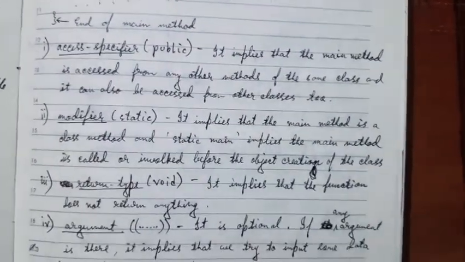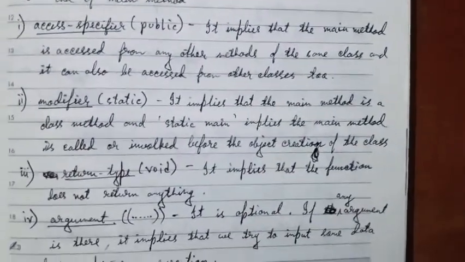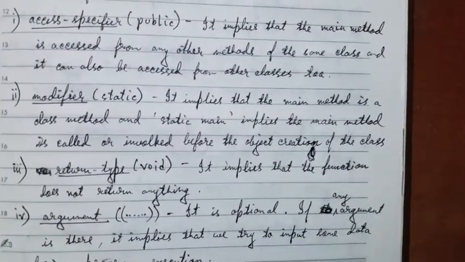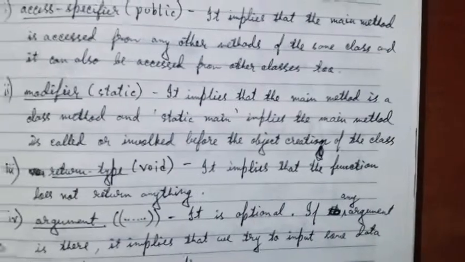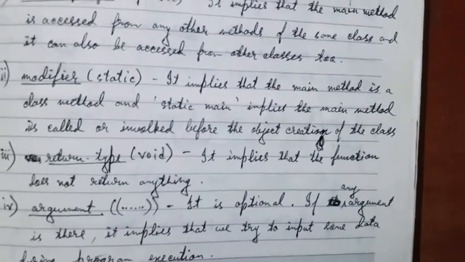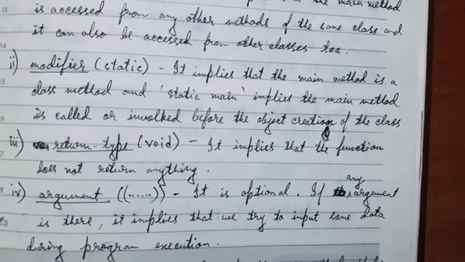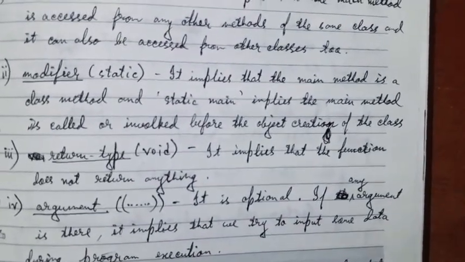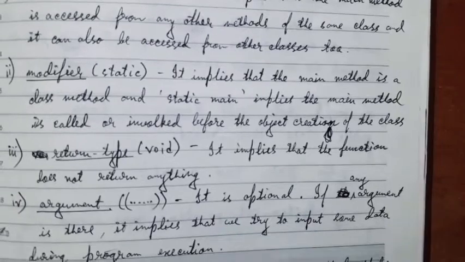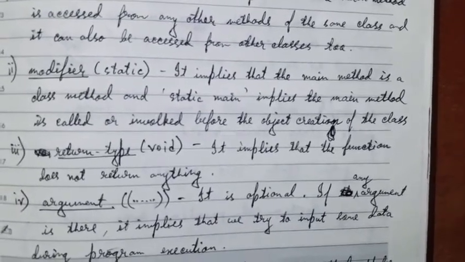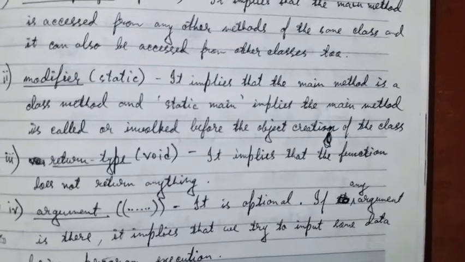Next is the modifier. What is a modifier? It implies that the main method is a class method, and static main implies the main method is called or invoked before the object creation of the class. The modifier is actually static, the keyword is static. The modifier is basically related to object creation.